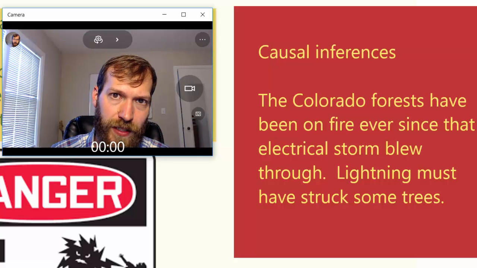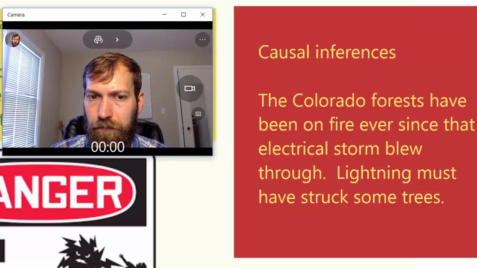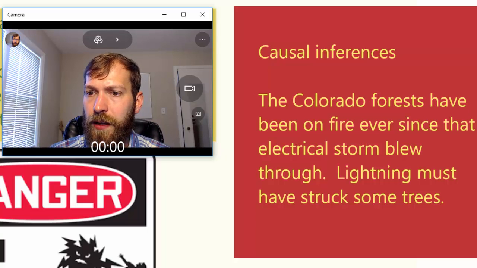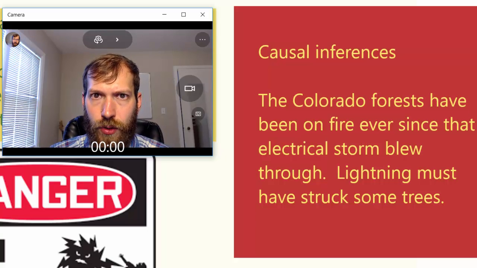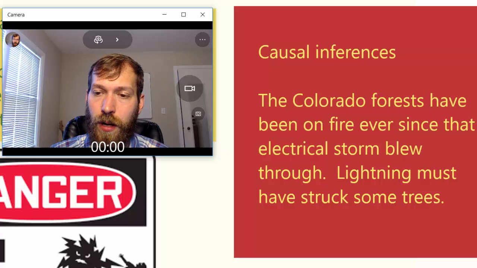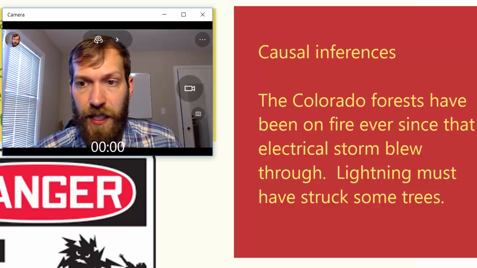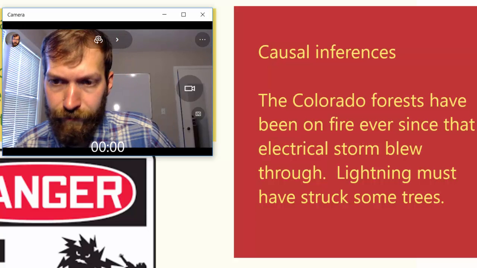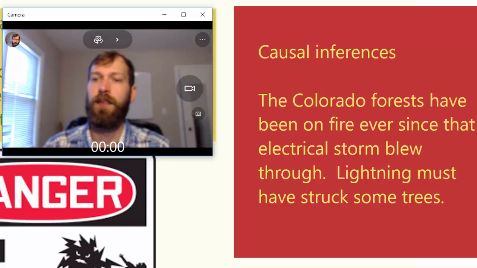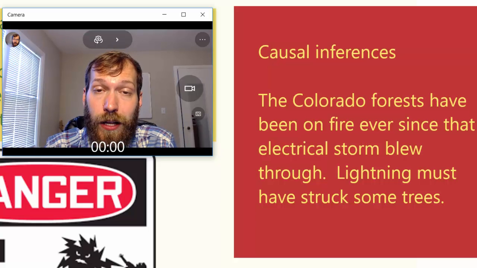So then we have a causal inference that is also at the same time a prediction. And in this case, we have a pretty strong argument, being that there was an electrical storm that happened to occur a little bit before this forest fire, and because of these causal connections, it's very likely that it was lightning hitting a tree that caused a fire.